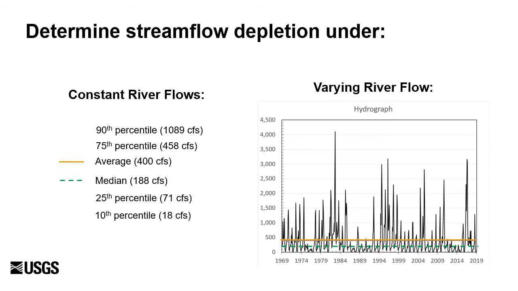And then we also have our drought periods in the late 80s and early 90s, the early 2000s, and then again from 2012 through 2016. On here, the orange line represents the average flow, which is 400 CFS, as well as the green line, which represents the median flow of 188 CFS. As most folks are aware, the average flows for rivers tend to be much greater than median flows because they're leveraged by flooding events.